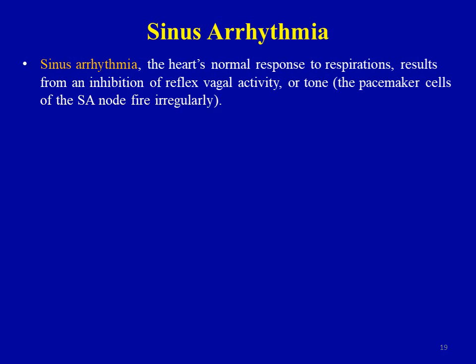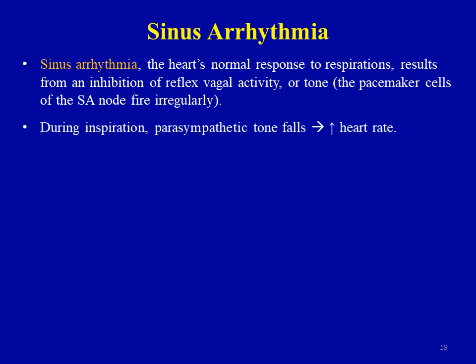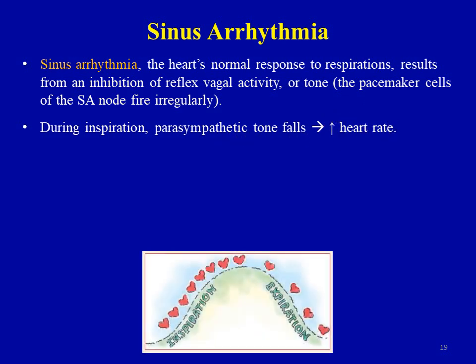So during inspiration, the parasympathetic tone falls or decreases, and if there is a decrease in the parasympathetic tone, the heart rate will increase. As you can see here, during inspiration we have an increase in the heart rate due to a fall in the parasympathetic tone.